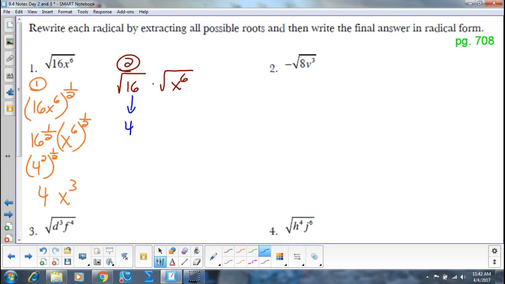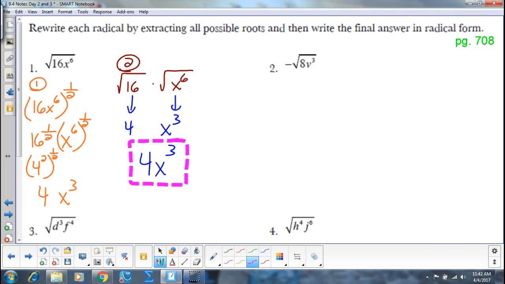What's the biggest multiple of 2 that goes into 6? 6. 6 is a multiple of 2. So I'm going to divide 6 by 2, and that gives me x cubed. So my answer here would be 4x cubed.